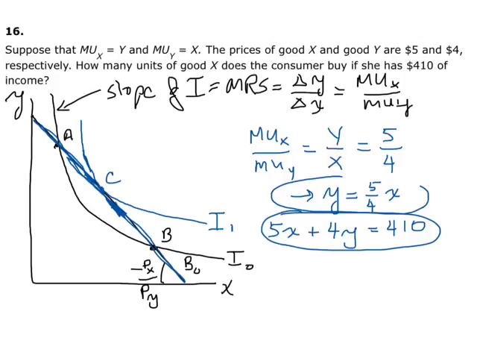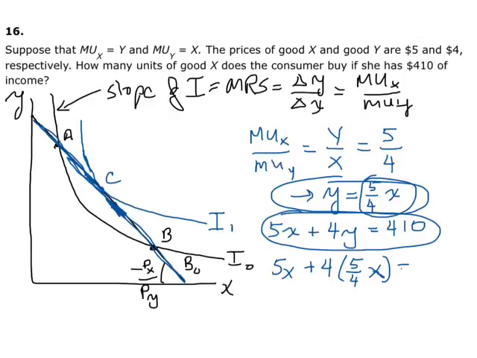This is from the optimality condition, and now I have two equations and two unknowns, and I can get a unique solution here. So I can substitute in 5/4 x for y, and I get 5x plus 4 times 5/4 x.